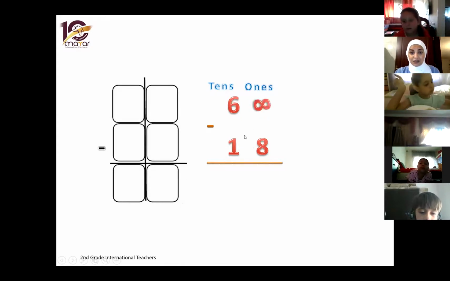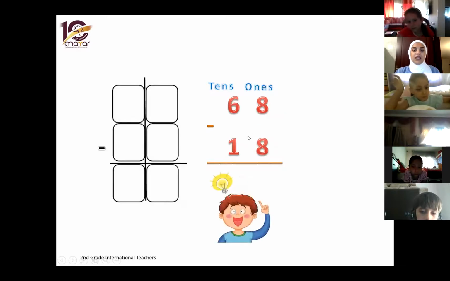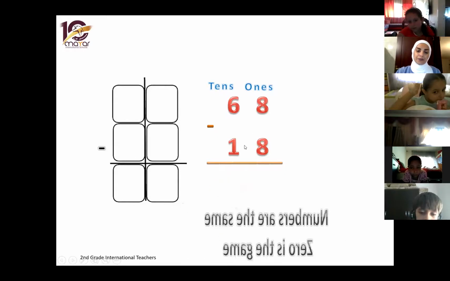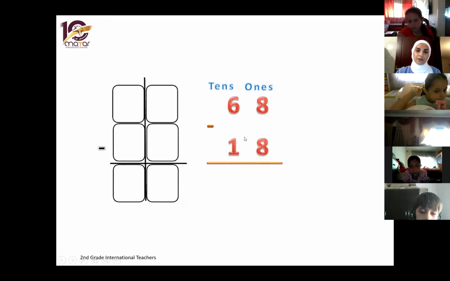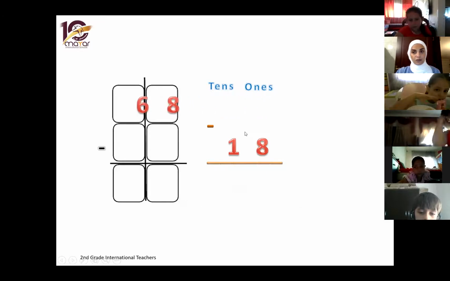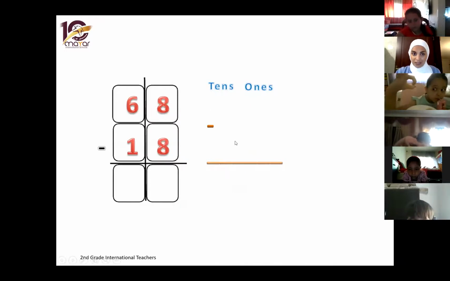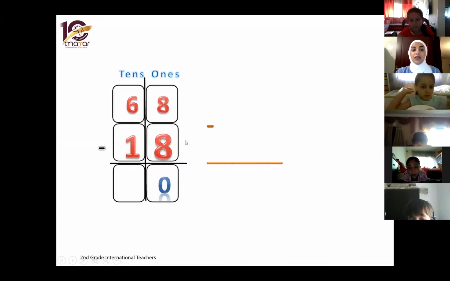What is the answer? 0. Good job. Let's move our numbers to the boxes. So we have numbers are the same, 0 is the game. Then we go to tens. Thank you, Dima.